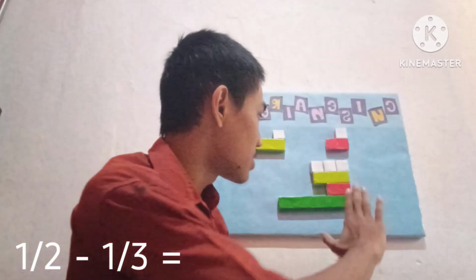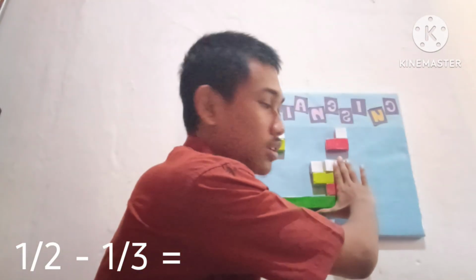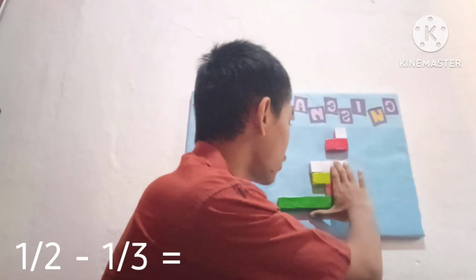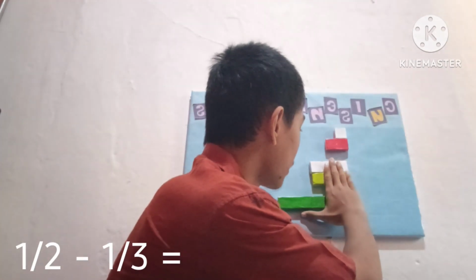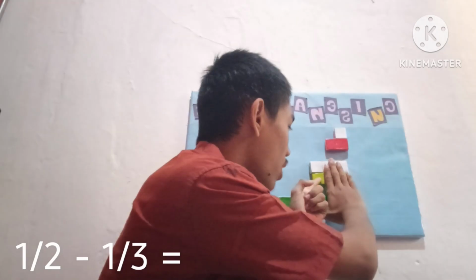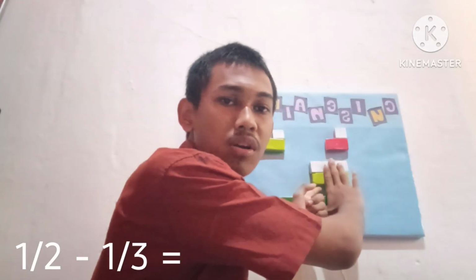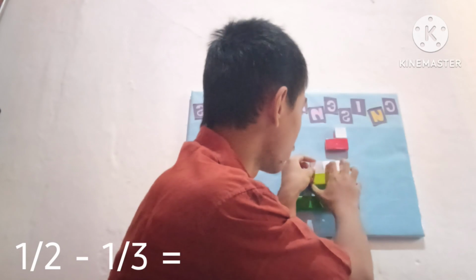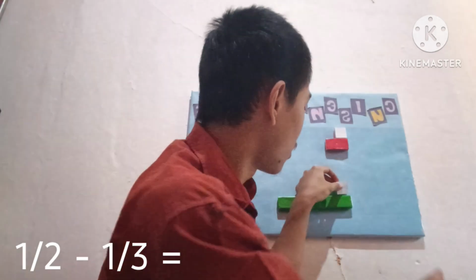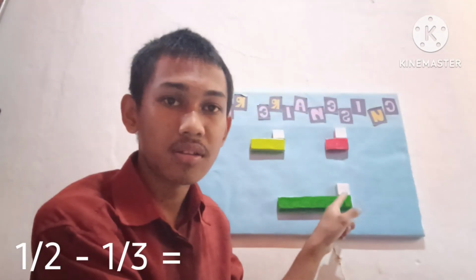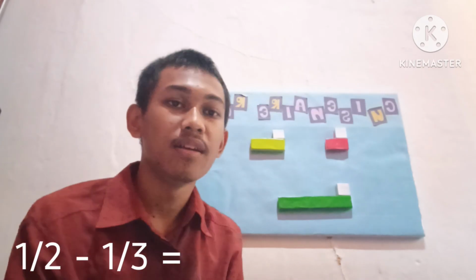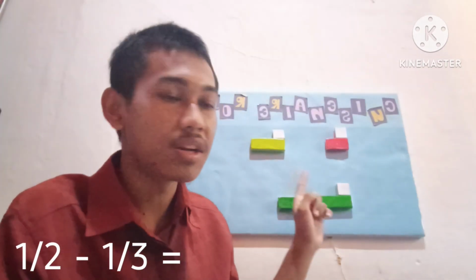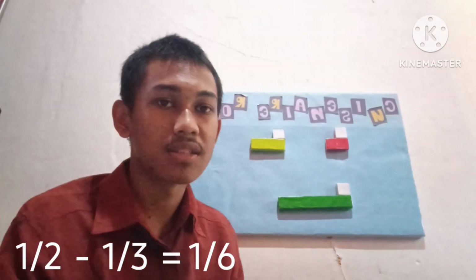We can take it out, and the remainder is 2 over 1. We take out together one more here, and the remainder is 1, and there is no more rod here. So the answer is 1 over 6. So a half minus 1/3 is 1 over 6.